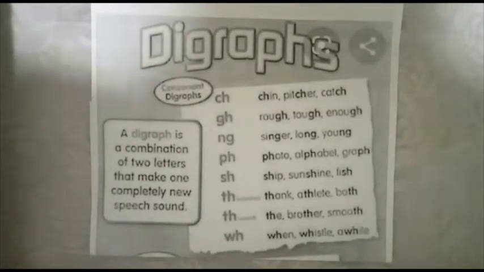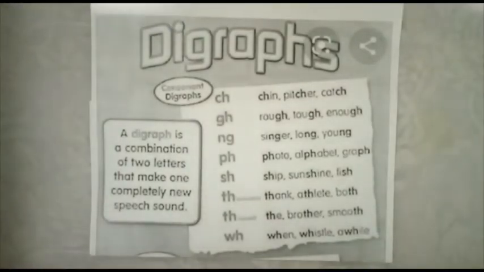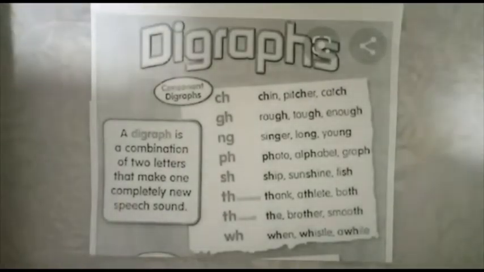Photo, alphabet, graph. SH. When S and H letters come together, they make the sound sh. Ship, sunshine, fish. Okay, TH.